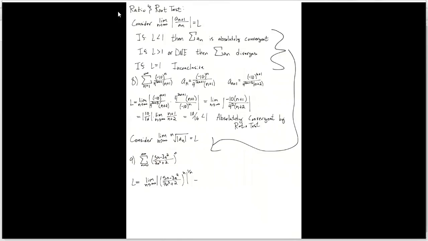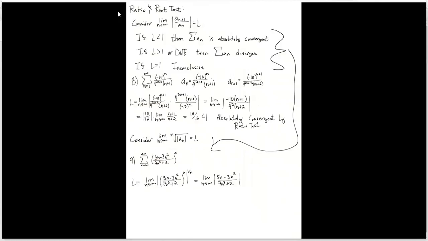So now we've got the limit as n approaches infinity of just the absolute value left now, (5n minus 3n squared) over (7n cubed plus 2).